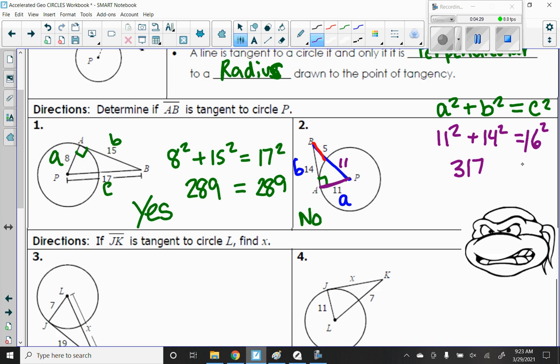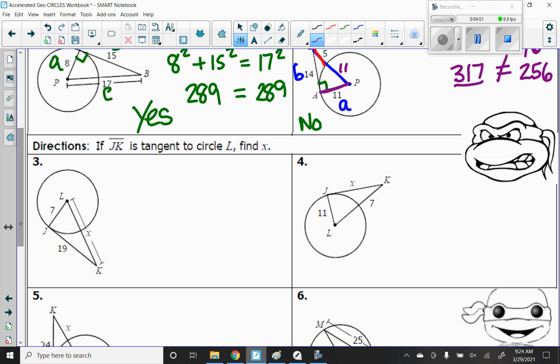And then 16 squared is 256. They are not equal. I represent that with a slash through the equal sign. This is not a right triangle because they are not equal. This would be an acute triangle because a squared plus b squared is bigger than c squared.